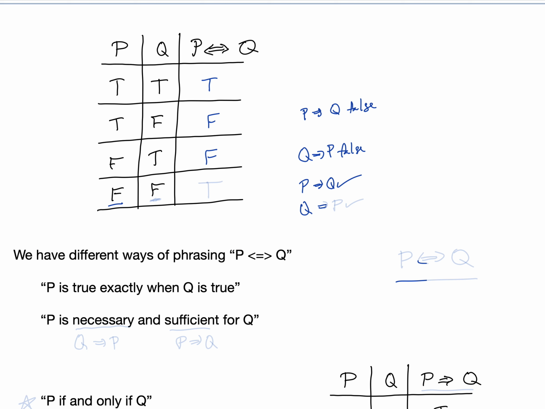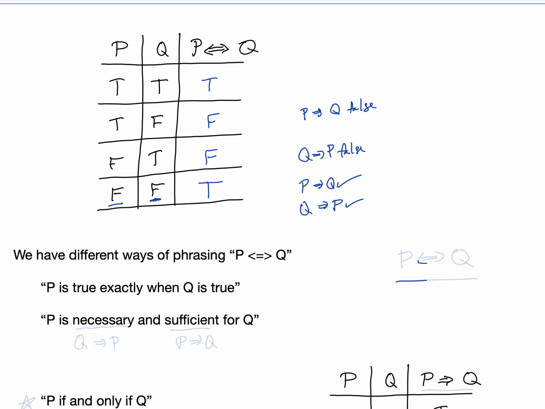And Q implies P is also okay. We made a statement with Q. That statement was false. A false thing implied a false thing. That is acceptable. This promise was not broken because the first piece did not hold. So this is true. So that's our truth table for P if and only if Q. Basically true when the values match and false if the values do not match.